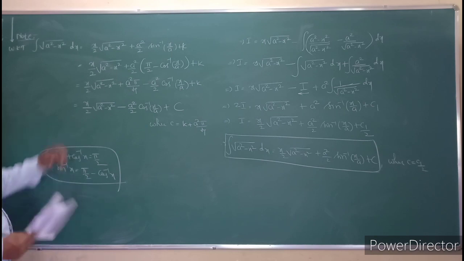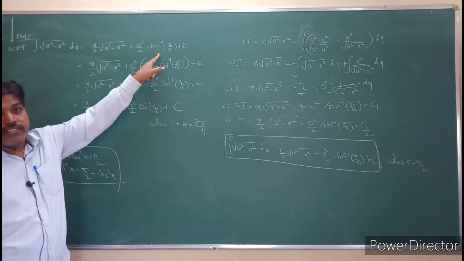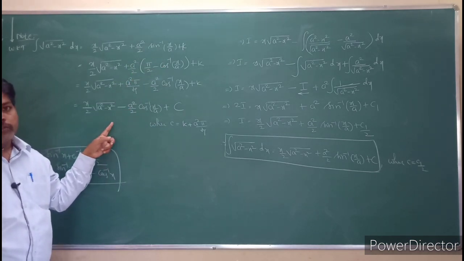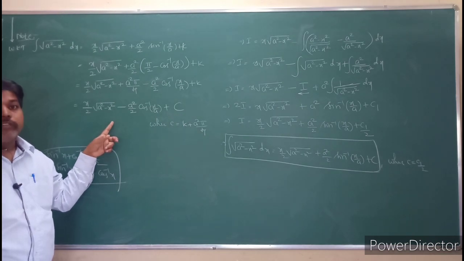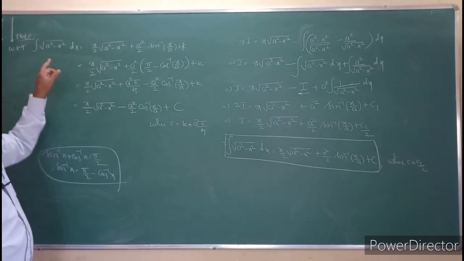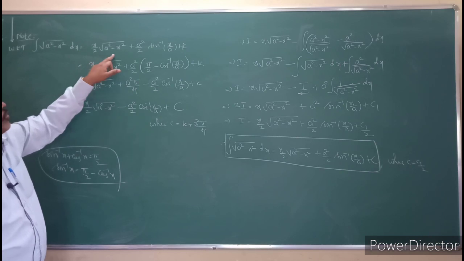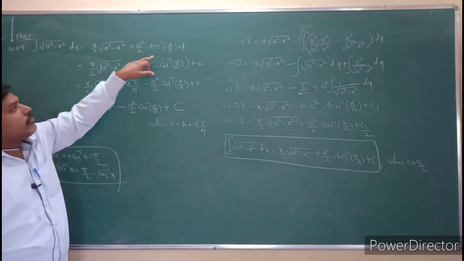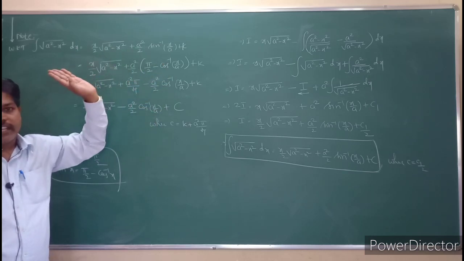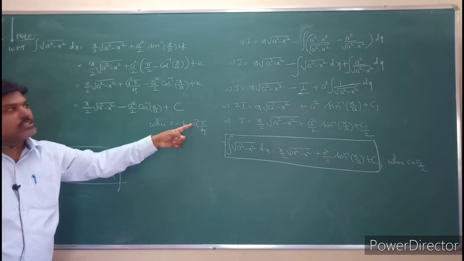So root of a square minus x square we can write in terms of sin inverse x and also in terms of cos inverse x. Okay, so according to the given problem we will change sin inverse x or cos inverse x. So what is the formula? See that one, students. Root of a square minus x square into dx we can write as x by 2 into root of a square minus x square plus a square by 2 into sin inverse of x by a plus c. In the note point I will take it as k, because the integral constant we have to take as c, so that's why I'm taking k.